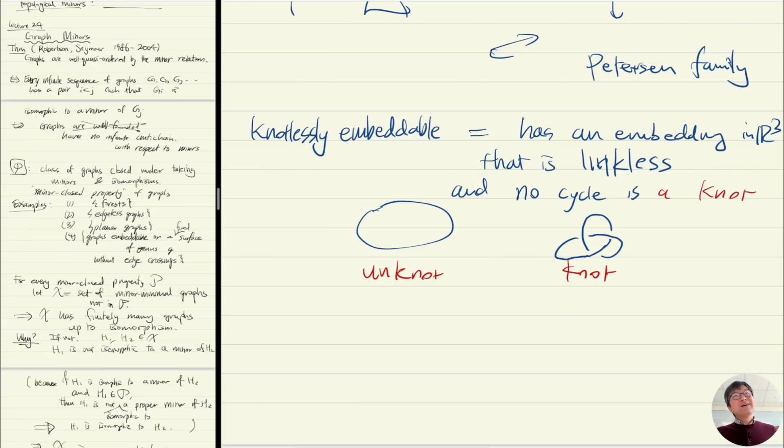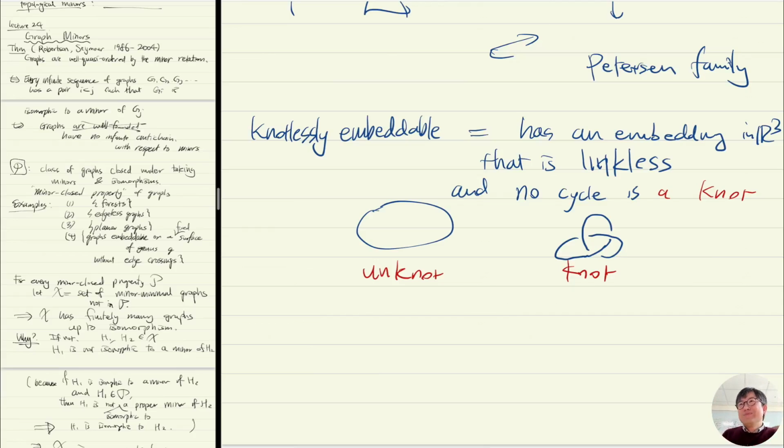Something like this. No continuous operation to move this thing will make it an unknot, right? Is this a knot? Yeah. So this is an example of a knot, right? If you have a simple closed curve which you cannot deform into a single circle, it is a knot.